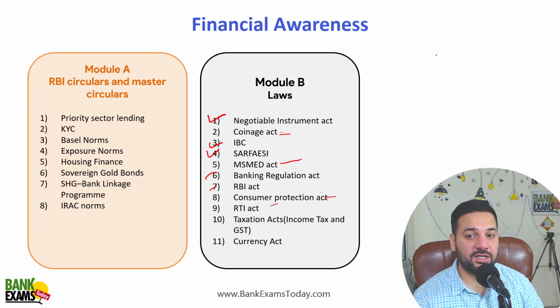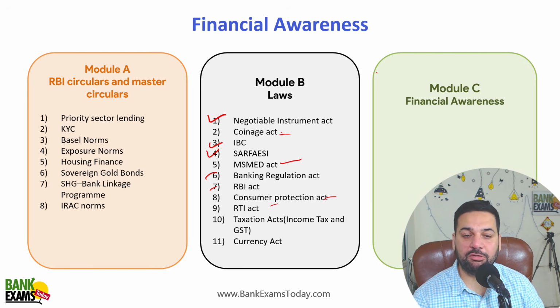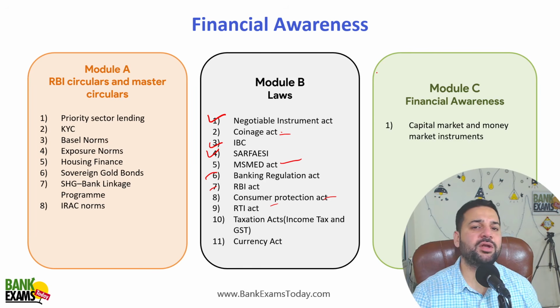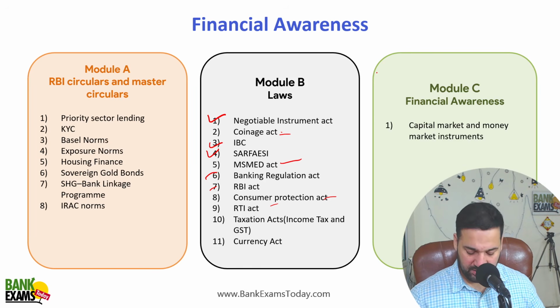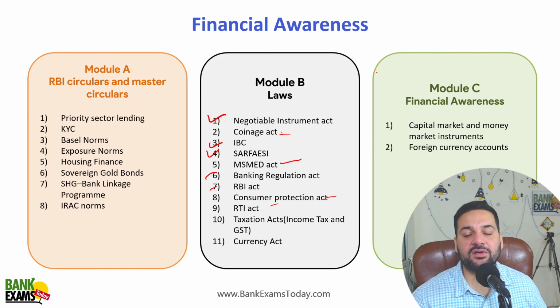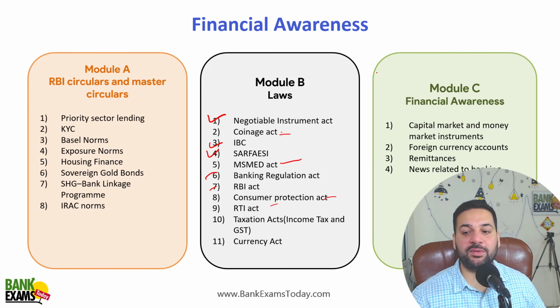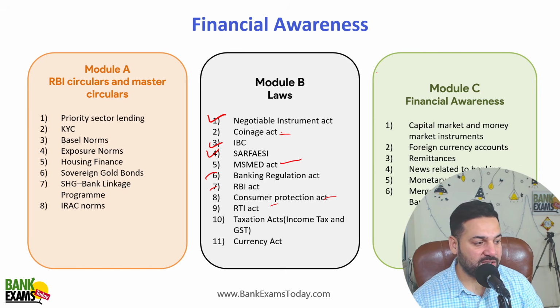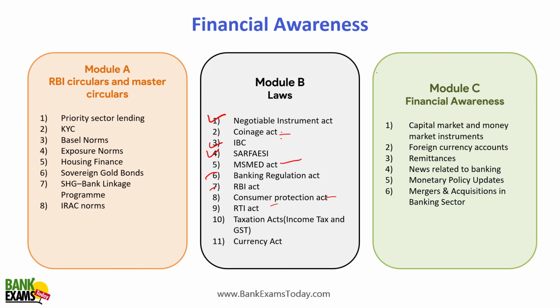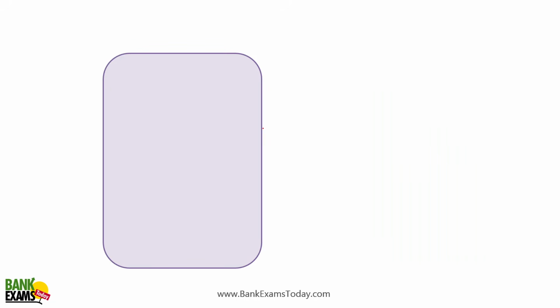Moving forward with the module C, that is financial awareness. It's common for both Scale 2 and Scale 3. Financial market and money market instruments, foreign currency accounts, remittances, news related to banking, monetary policy updates, mergers and acquisitions in the banking industry, digital banking developments, banking abbreviations and terms, right?